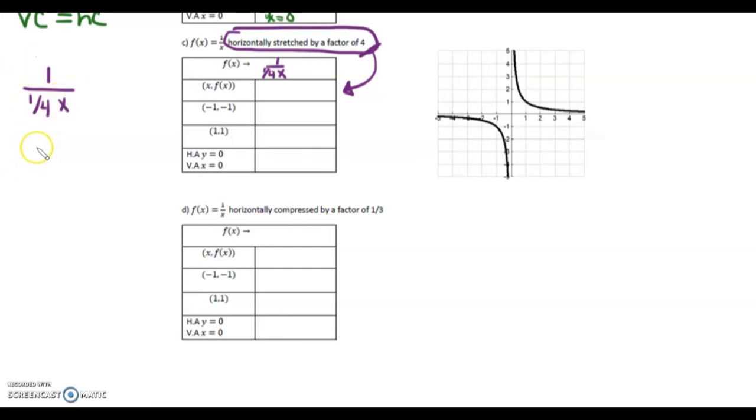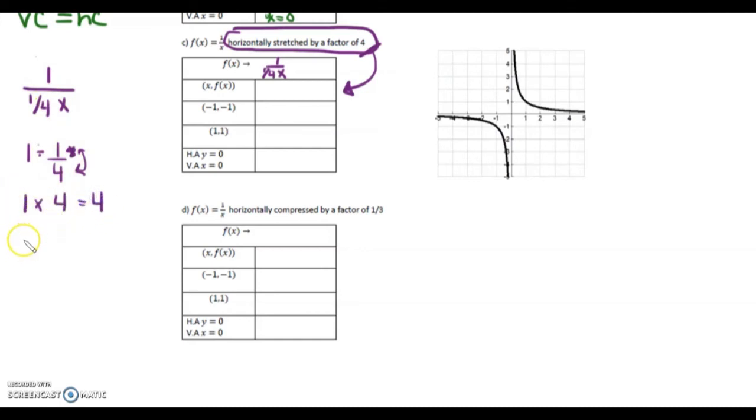However, I'm going to show you this equivalence. If we had 1 divided by 1 over 4x, we're going to flip that. So 1 times 4x. Well, you know what? Leave that off. 1 divided by 1 over 4, 1 times 4 is actually 4.